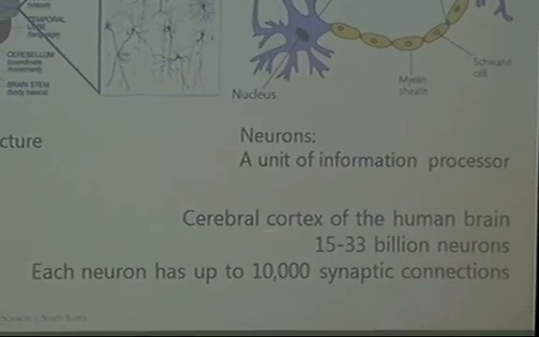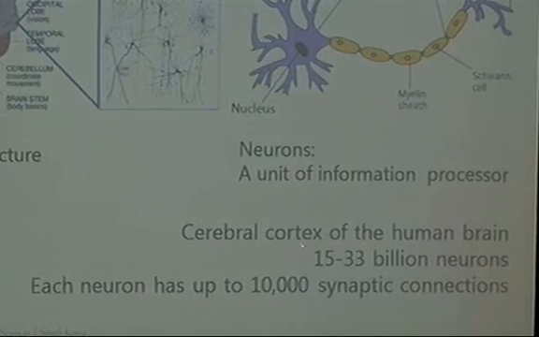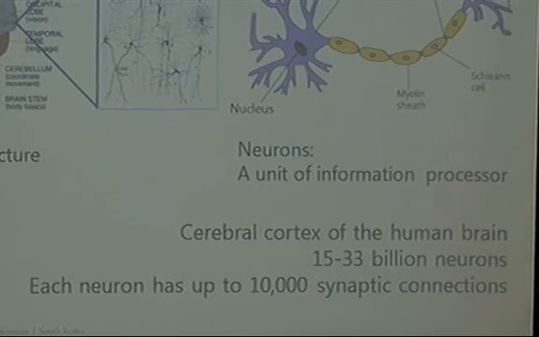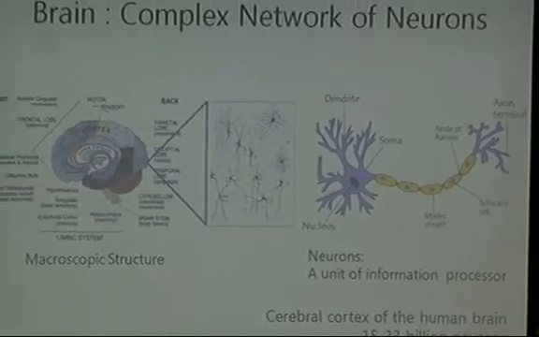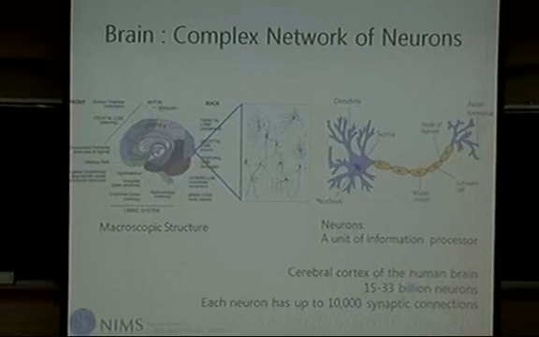The cerebral cortex, which is the most important part of the human brain, typically has 15 to 33 billion neurons, and each neuron has 10,000 synaptic connections, which means the overall number of connections is hundreds of trillions inside the brain. So you can imagine that the connection itself is very important in the brain, where the information is processed.